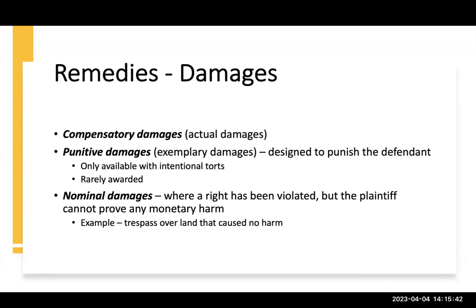Other elements of compensatory damages in that case would be reimbursing them for the medical bills that they incurred in connection with the accident, and in addition, compensating them for the pain and suffering that they incurred as a result of the incident.